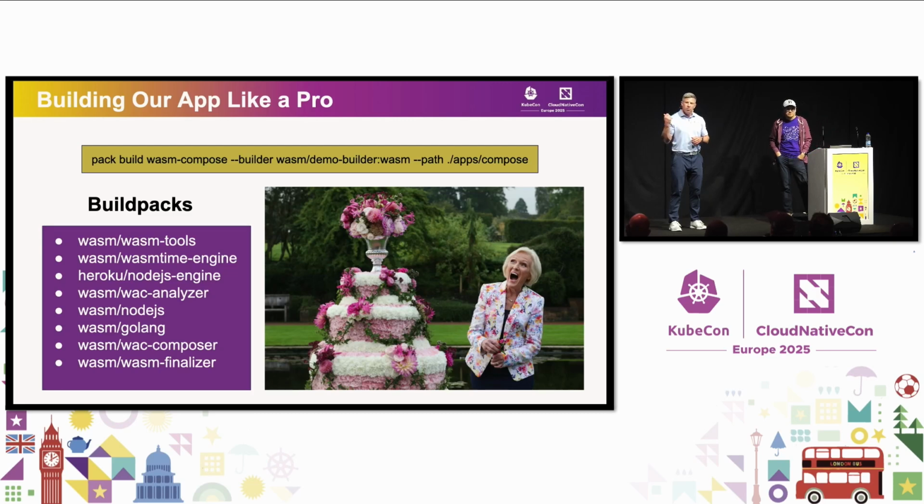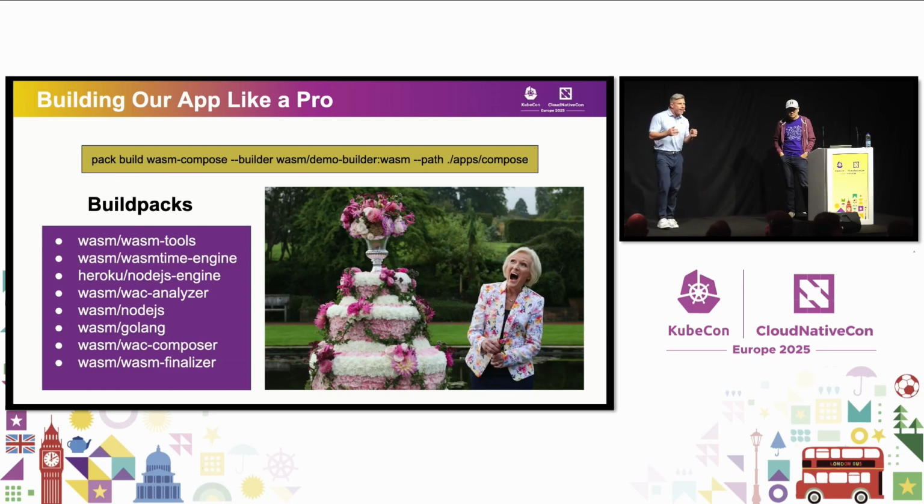Wasm Time Engine brings us that Wasm Time runtime that we need to run that WebAssembly component. Then we piggybacked on a little bit of Heroku buildpack love, bringing in some Node.js. We also tried that with Go. We had a little bit of trouble, so we backed that one out and just wrote a Go buildpack, which is not any problem with the Heroku buildpack, more just the nature of our project.